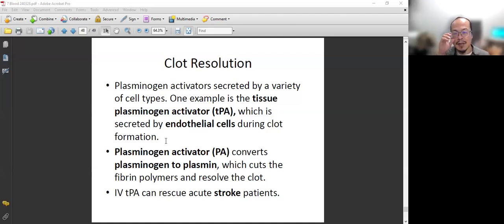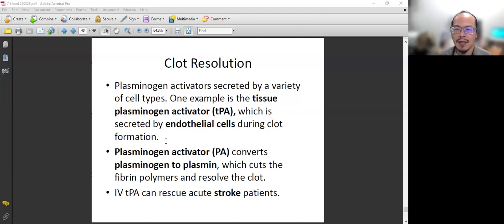So that is a very life-saving way. Ischemic stroke is detrimental, but fortunately we do have a very effective treatment for it. You need to know that another type of stroke is called hemorrhagic stroke.